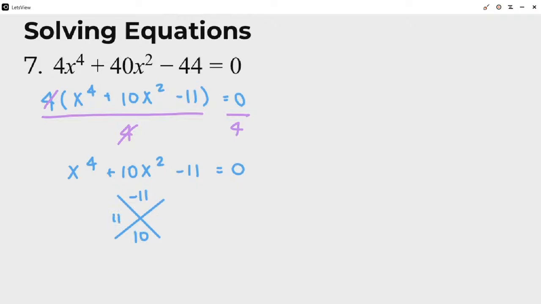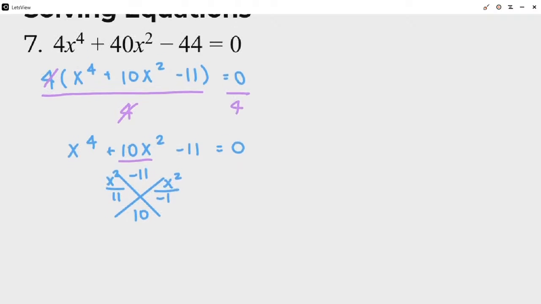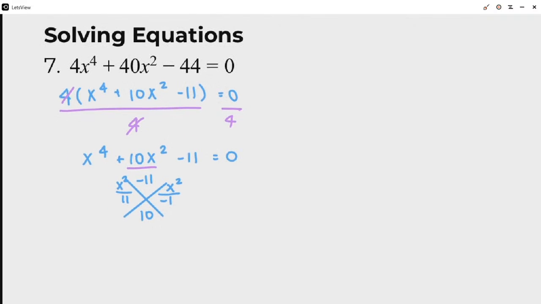So that would be 11 and negative 1. And on the top we'll have x squared, because this is x squared. And x squared times x squared is x to the 4th. So this will factor into x squared plus 11 times x squared minus 1 equals 0.